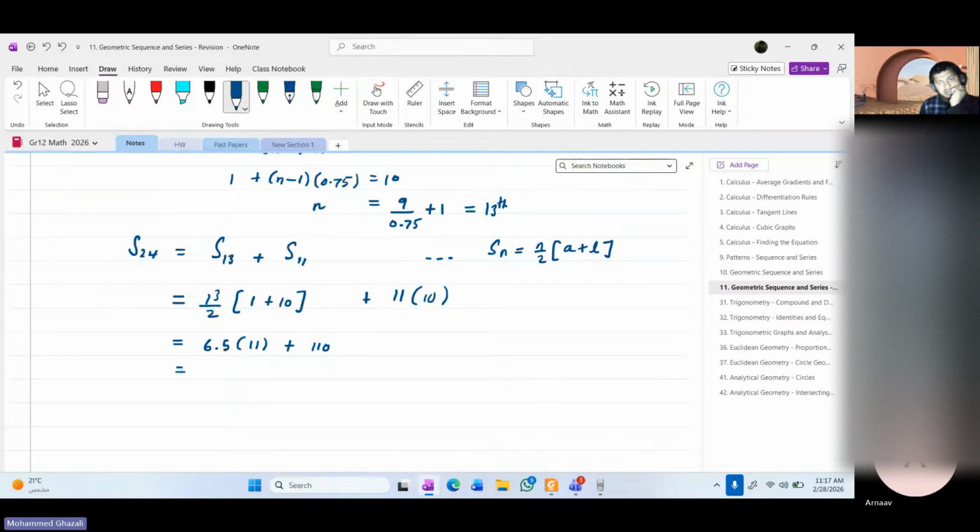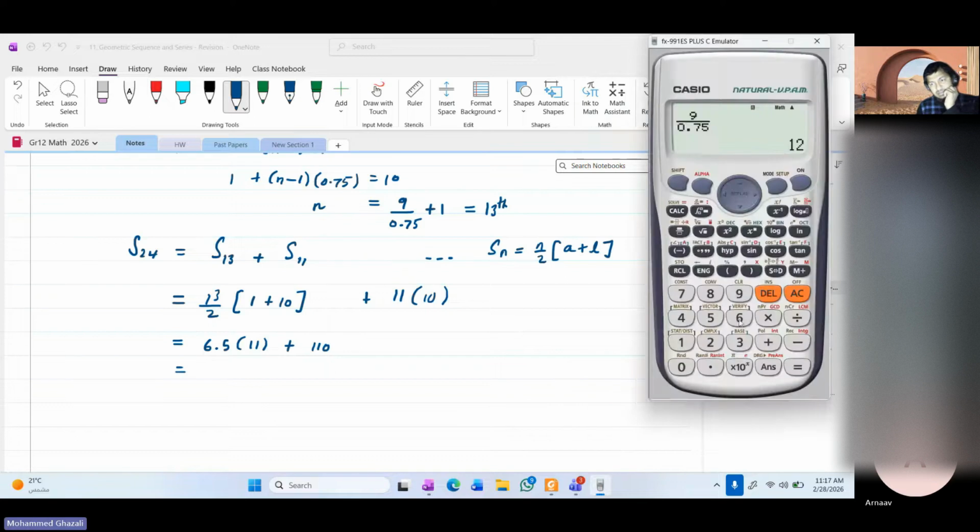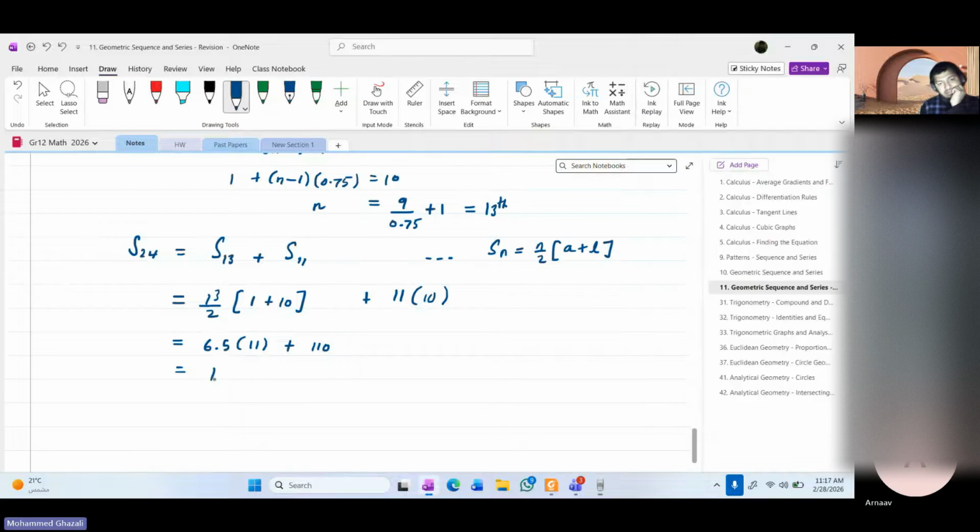Right. And then 6.5 times 11, I just need to work that out. Times 11 plus 110. I'm getting 181.5 kilometers. Okay. So that's my final answer.